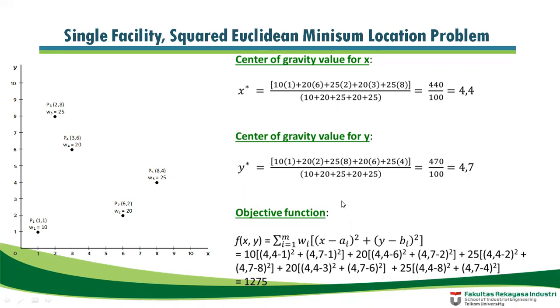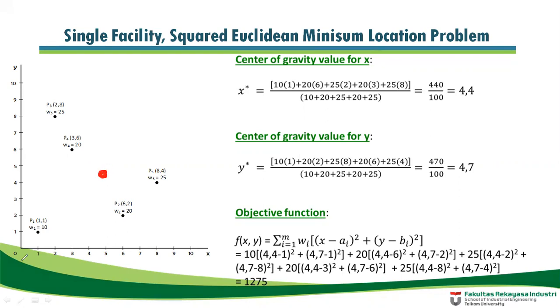And then the next step is finding the total weight for my new warehouse. The coordinate for my new warehouse will be around 4.4, maybe it's around this side, and for the y-axis it will be 4.7, maybe located around this side.